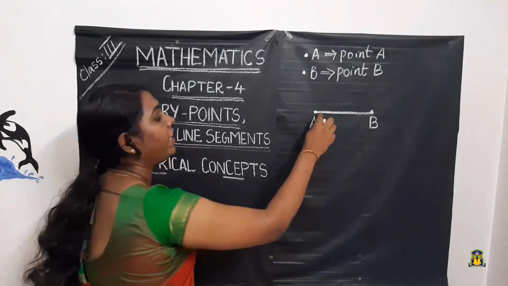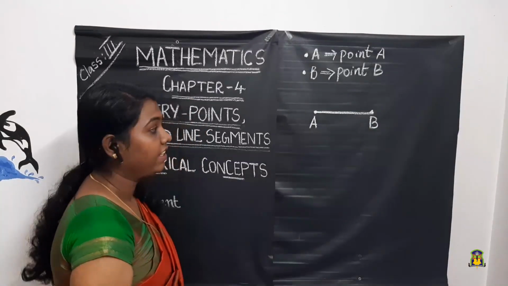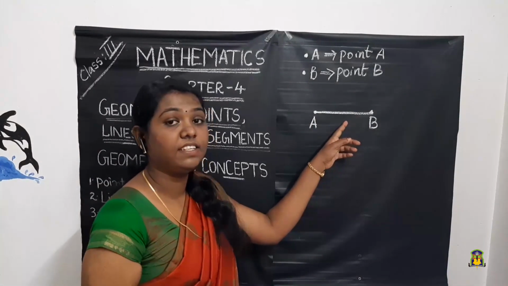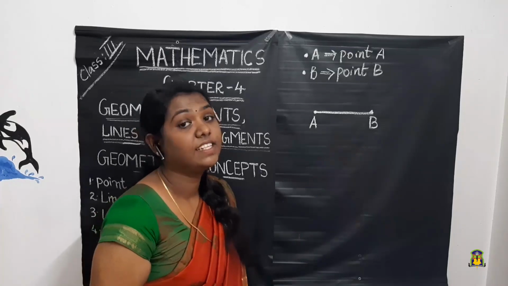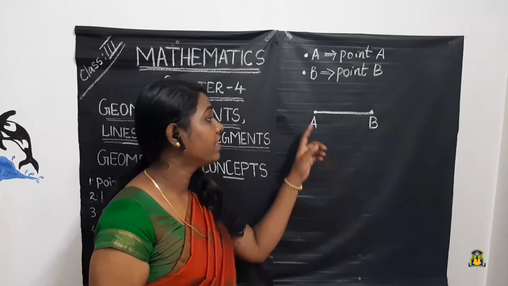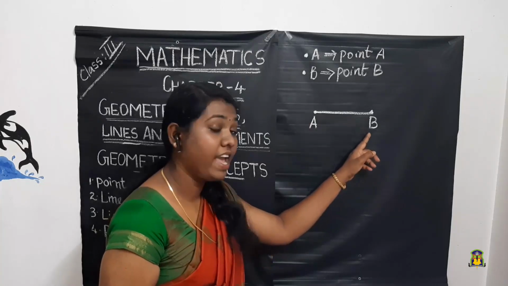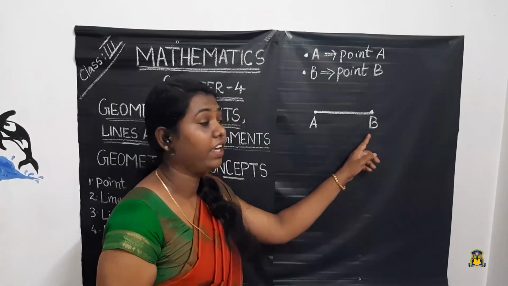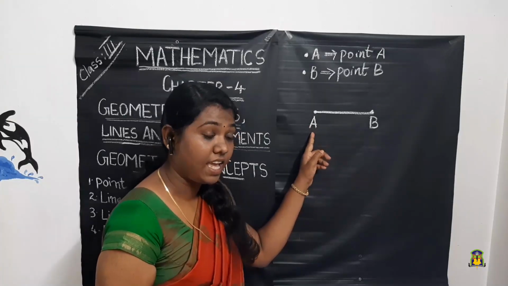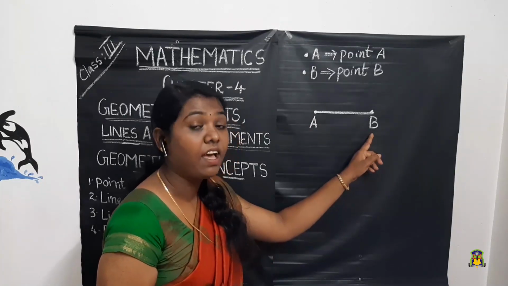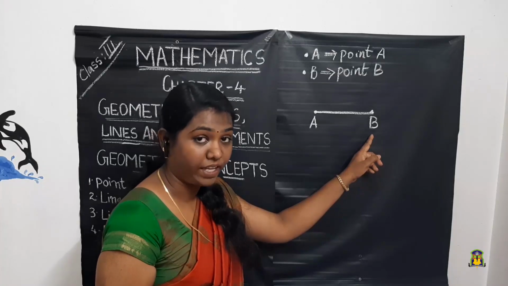Okay, so I got a straight line here. This straight line is called line segment because it has a starting point and an end point. Okay, then the point A and point B are called end points.